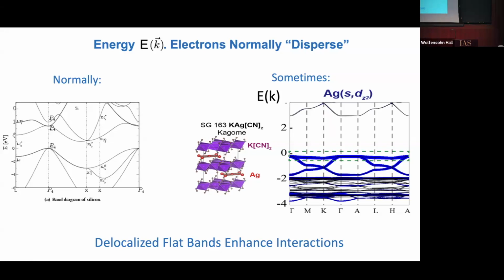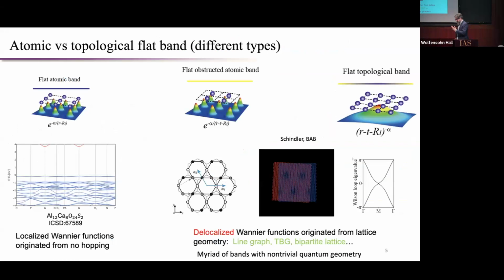If I have an electron of infinite mass and I put it in a potential, it will stay there because it costs a lot to move. But in these bands, the electron can hop around, except it doesn't gain any kinetic energy as the momentum moves in the Brillouin zone. So these are the kind of bands that we're interested in, and thank God that most of the bands that appear in these twisted samples are of this type.